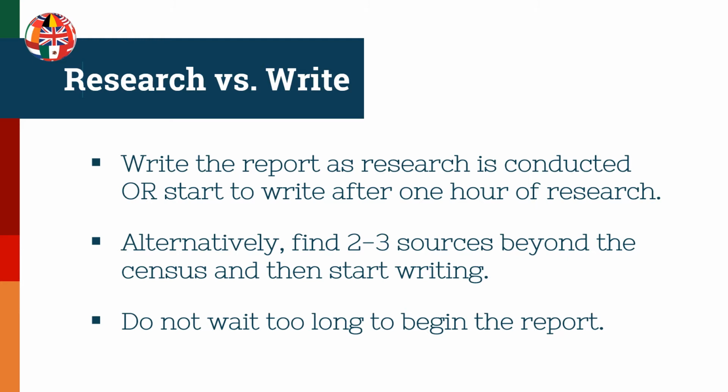You don't want to research for 3 hours, leaving yourself only 1 hour to write the report. Many researchers use the rule to write as long as you research, in which case maybe you would start writing after 2 hours of research. This is something that you will need to play around with during your 4-hour practice sessions and see what works the best for you.